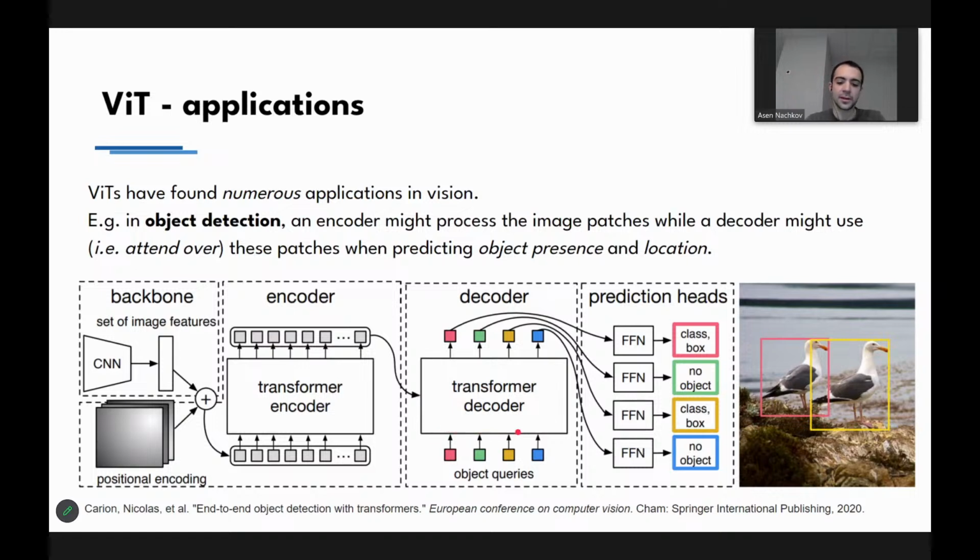Typically for the decoder, we can have a similar kind of scheme where we start with some queries, and each query attends over these augmented processed patches from the encoder. So this is a very, very typical kind of design pattern for these kinds of models. And at the output, we have, again, a task-specific head, which predicts the bounding boxes and the classes of the objects.